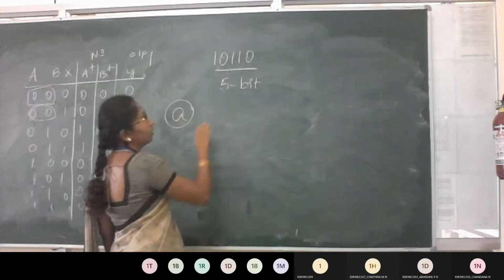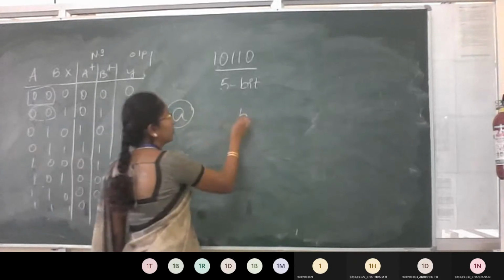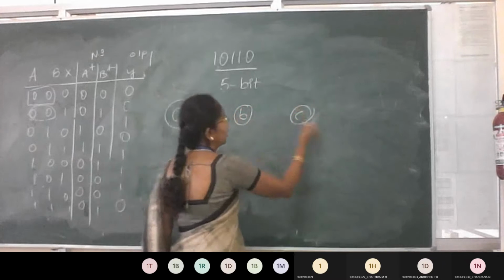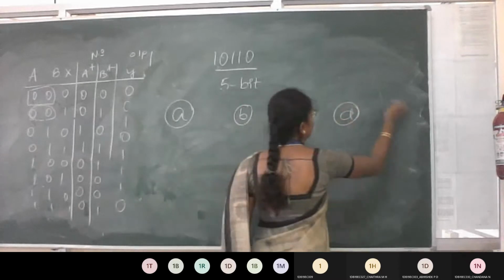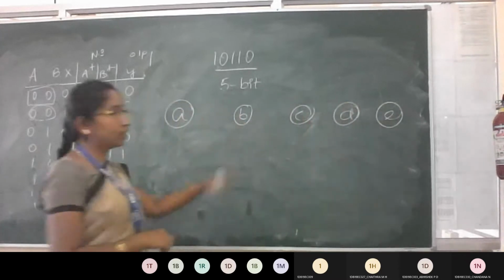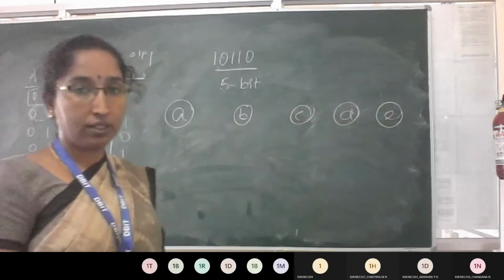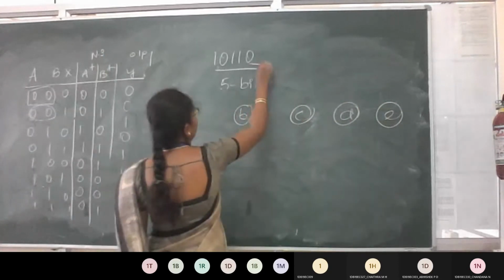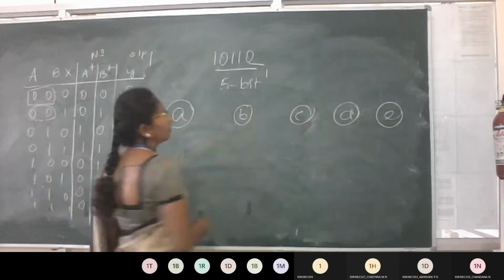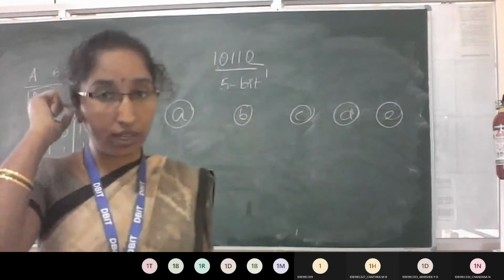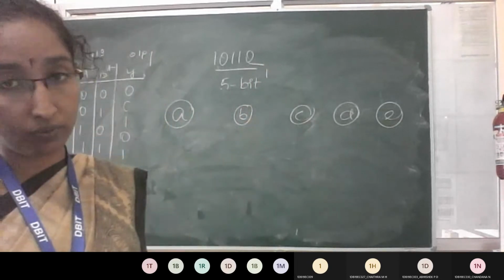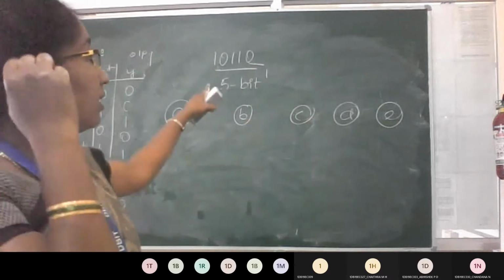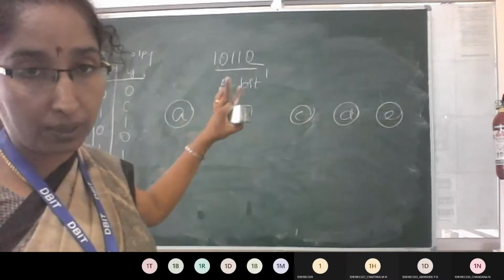How many states do you require? 5 states: A, B, C, D and E. So I have written the 5 states directly. Also remember that when you receive the last bit, your output will be 1. Till then the output will be 0. Let me repeat: after receiving the 5th bit, your output becomes 1.